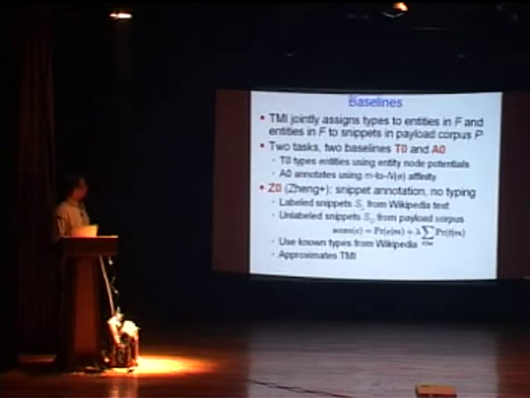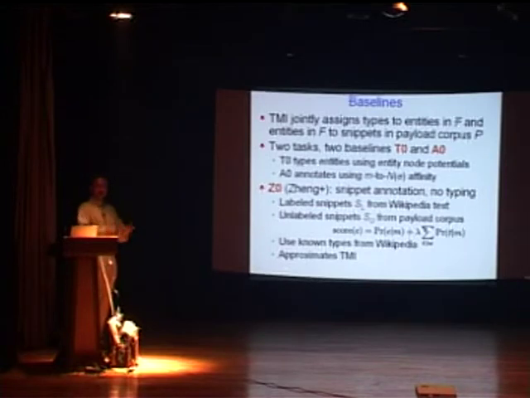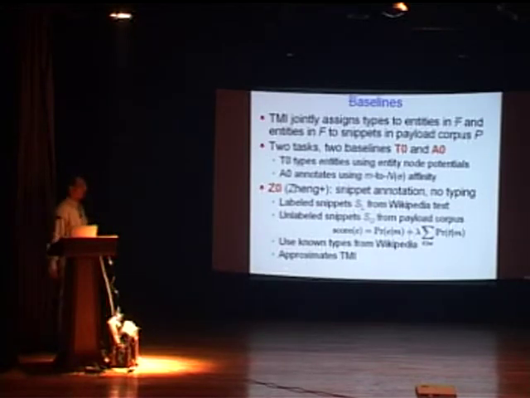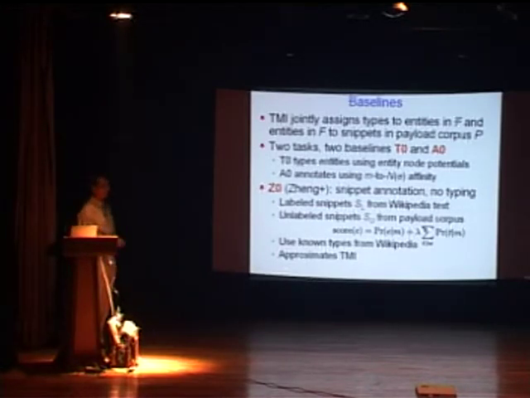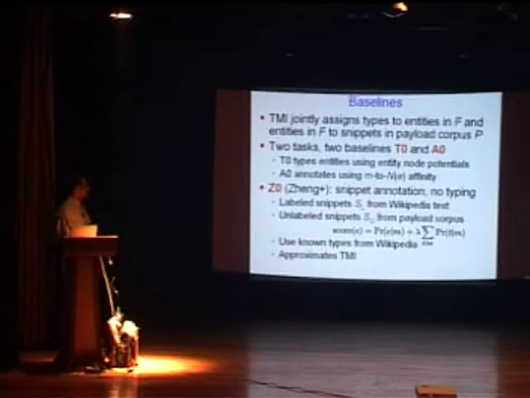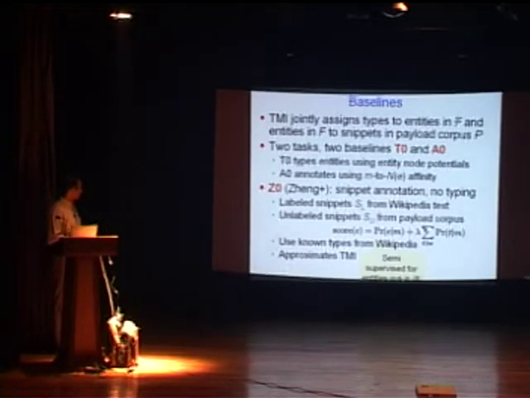The place where it shows its strength is finding mentions of previous entities in the new payload corpus P. So the baseline there is A0, which purely uses that initial signal of affinity between the entity neighborhood and the mention. And then there's this recent approach from Zeng and others, which we call Z0, which uses some kind of semi-supervised scheme. I don't have time to go into detail.